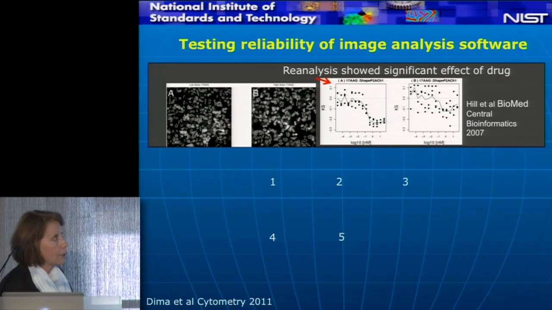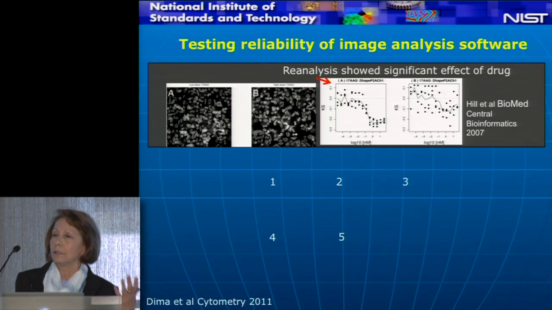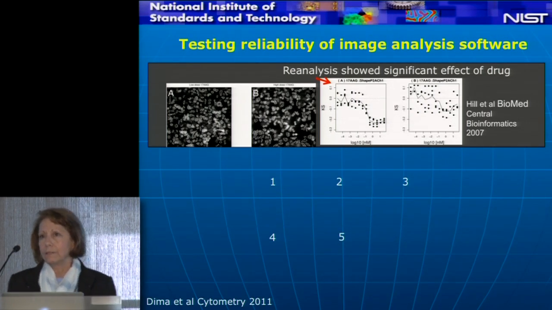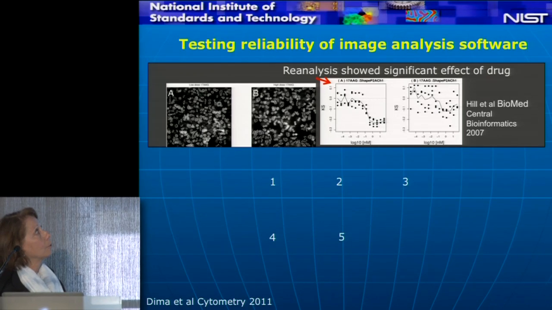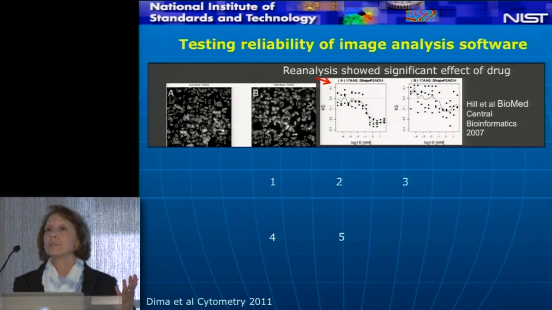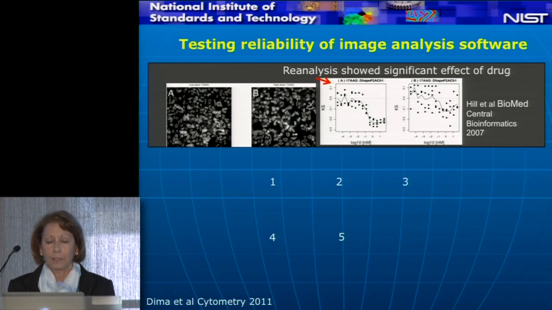This is actually an experiment that came out of Wyatt Laboratories, and it showed that in response to drug, initially, by their analysis, there was no response recognized. And after they went back and improved their segmentation algorithm, they were able to see a response to the drug, which is what they had expected.